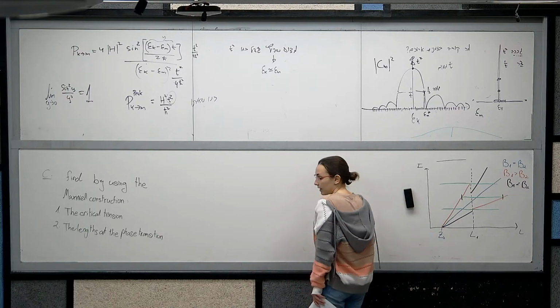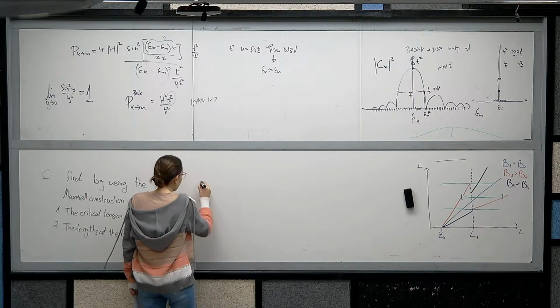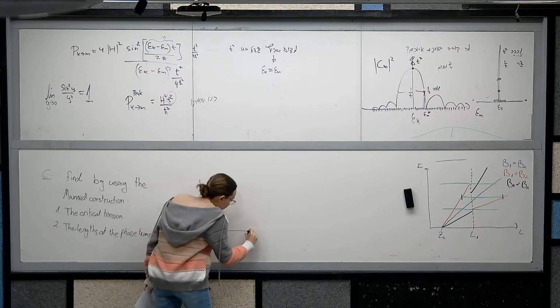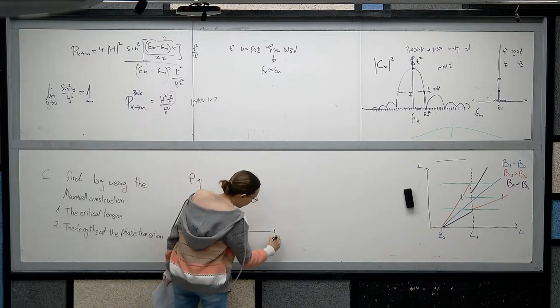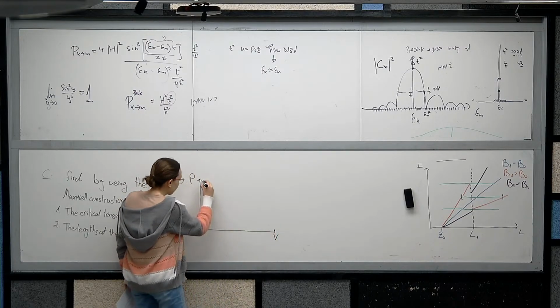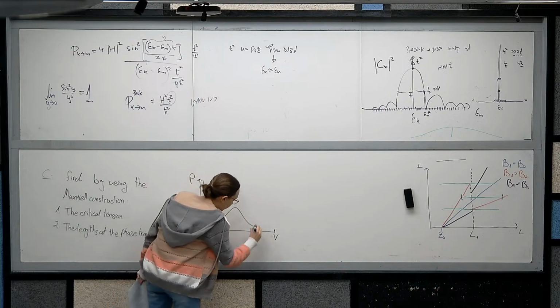In the van der Waals gas, we saw that this was our P and this is V, and we had this graph.